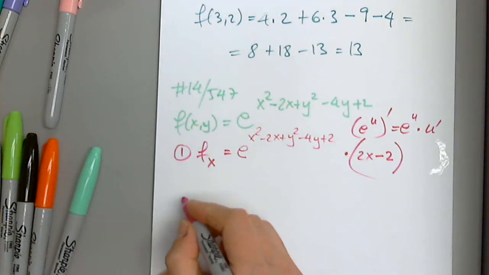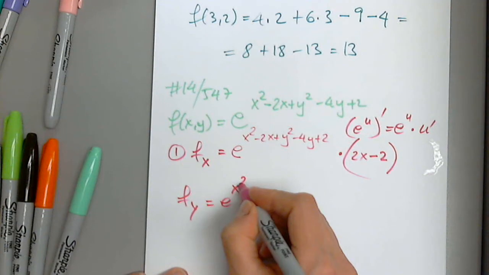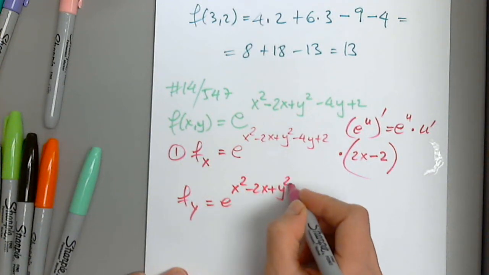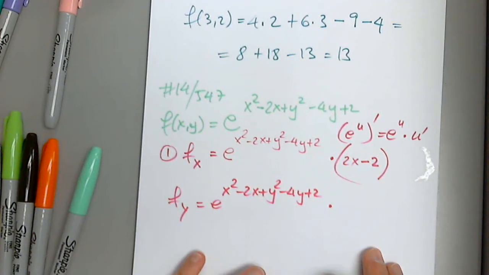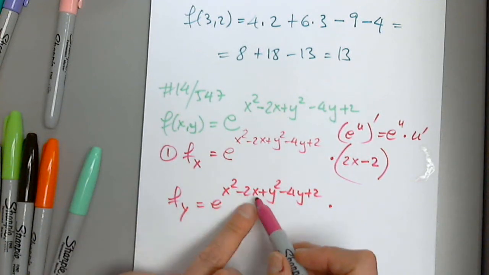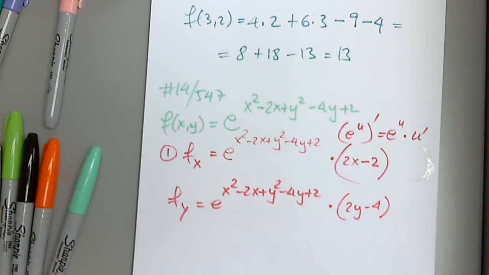Now fy, same thing. e to x squared minus 2x plus y squared minus 4y plus 2 times, but now I differentiate with respect to y. This is 0, this is 0, so this is 2y minus 4. This was our first step. Anyone remember what was the second step?